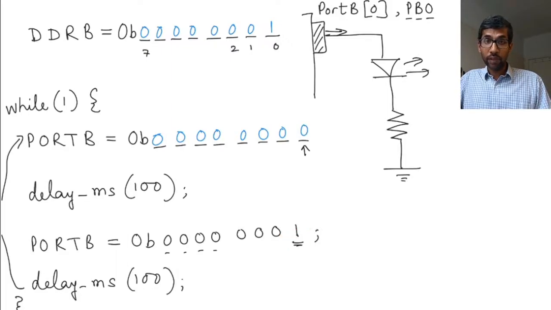This we have done by writing to the 0th bit of the PORTB register. In between these writings, we have put a few delays because we want the LED to be off for 100 milliseconds, and then it becomes on when this command executes, and then it remains on for 100 milliseconds, and then this loop goes on and on.